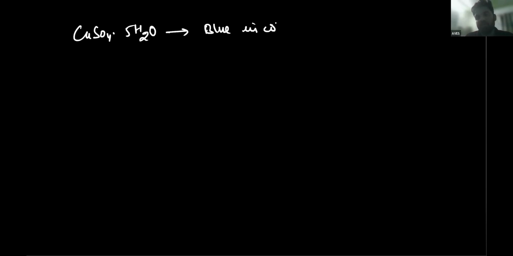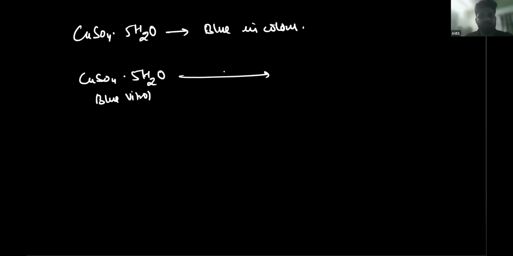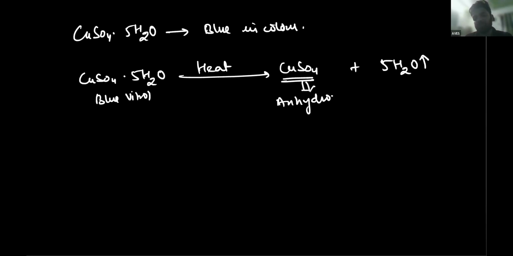But when heated, it gives CuSO4 and the 5 water molecules evaporate. So this becomes anhydrous copper sulfate, which gives a white color.